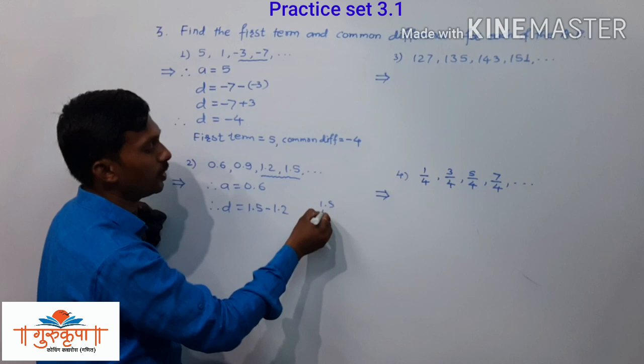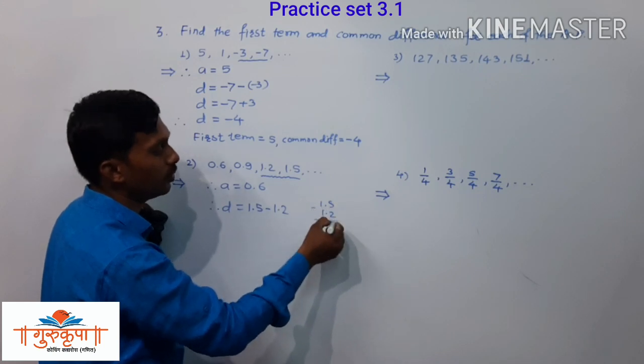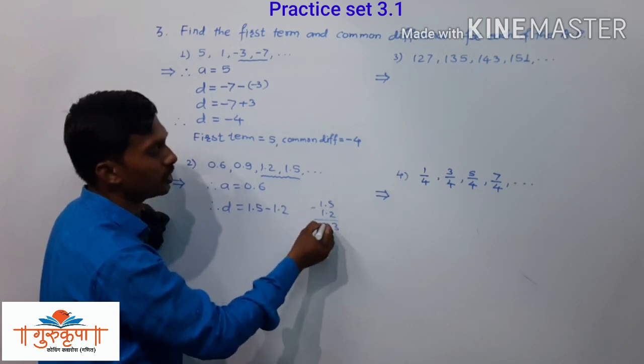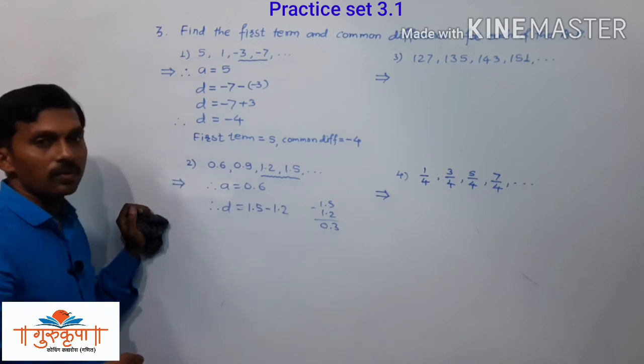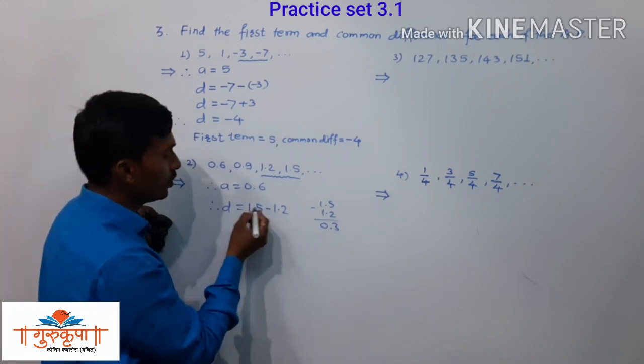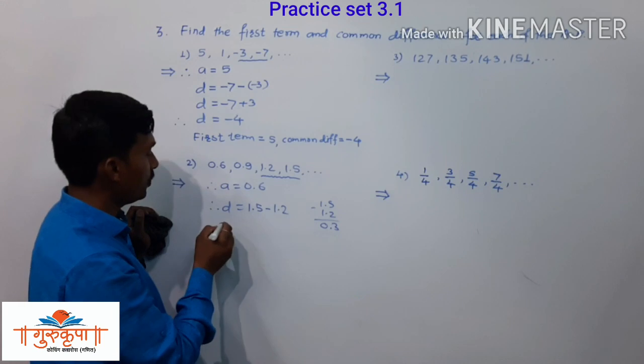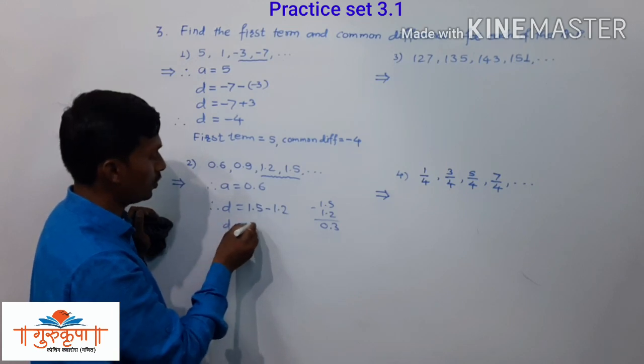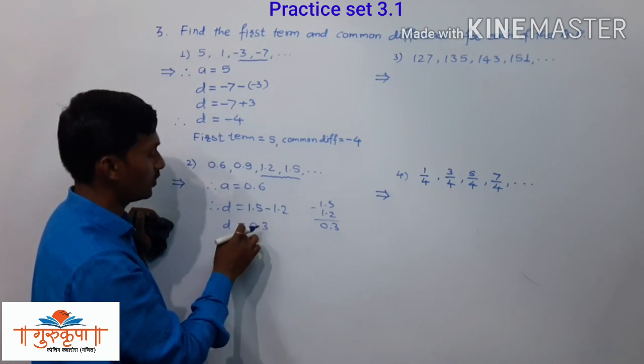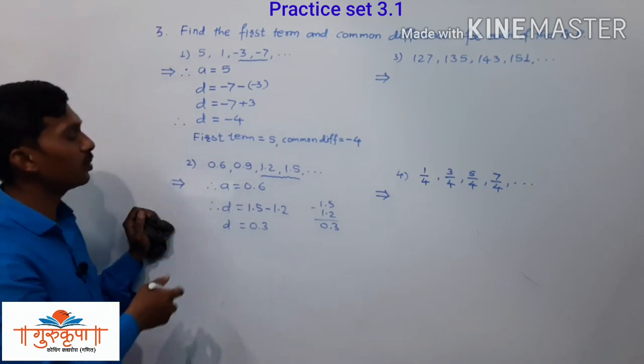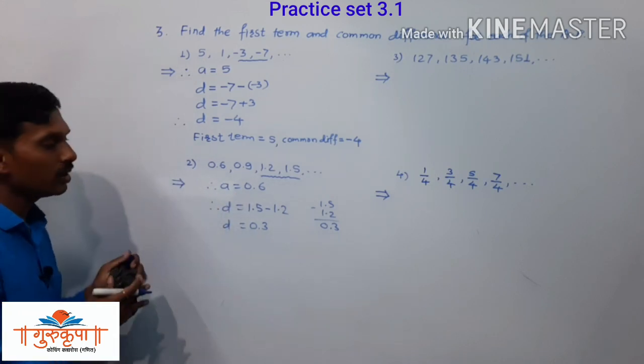This is 1.5 minus 1.2. 5 minus 2 is 3, decimal sign below decimal sign, 1 minus 1 is 0. Since the bigger number is positive, the answer is positive. We have D is equal to 0.3. Here A is equal to 0.6 and D is equal to 0.3.